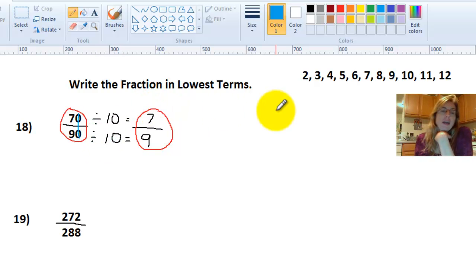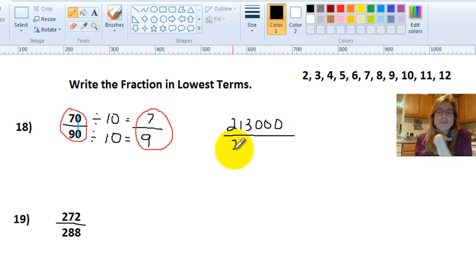You sure can. Anytime you have a fraction, let's say it was 213,000 over 222,000, well, this is a pain. A quick way to start to reduce this is to knock off zeros.